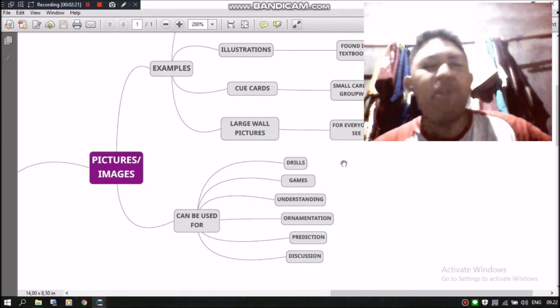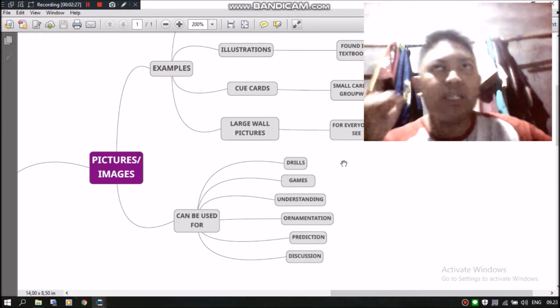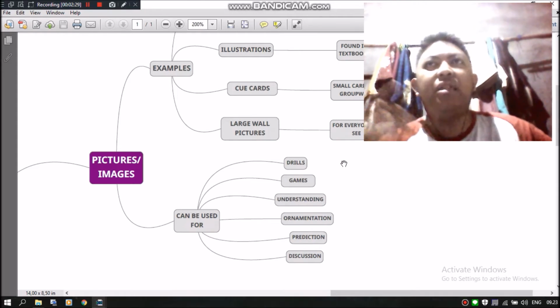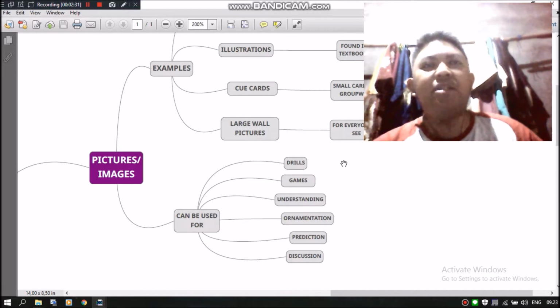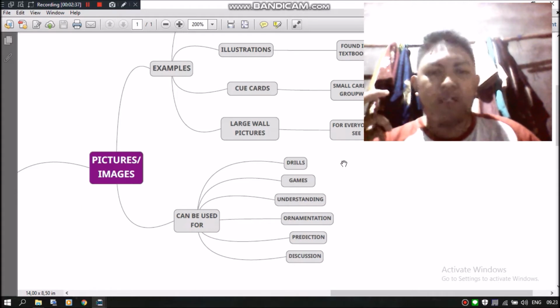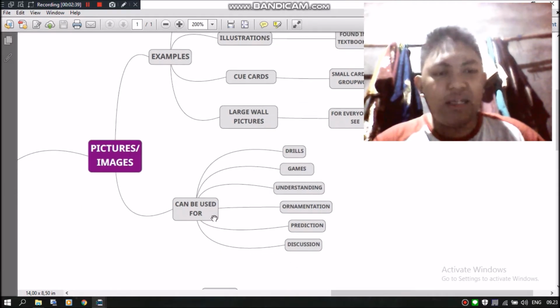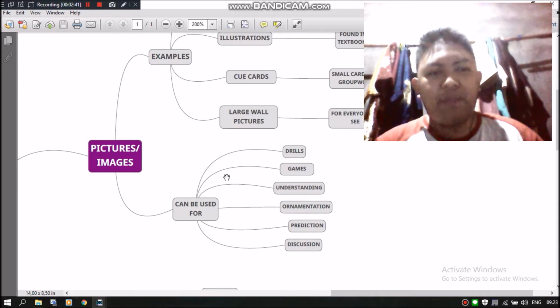a picture of a bird, and then it will evoke a response from the students that this is the picture of a bird, and the teacher will repeat it many times until the whole classroom understands and is familiar with the word bird. And the next function of pictures inside the classroom is for games.